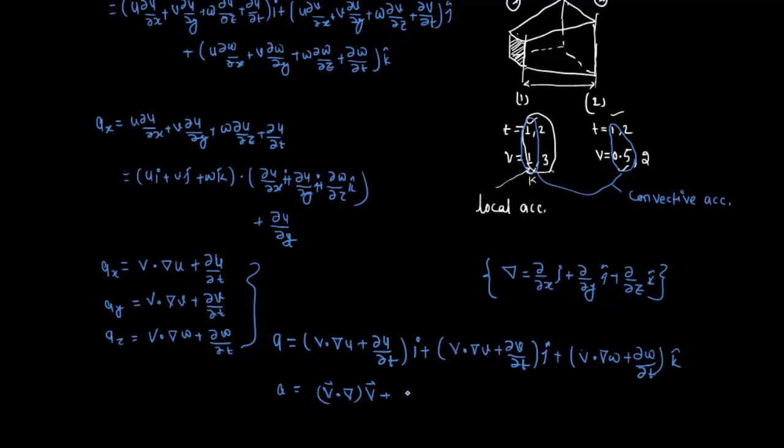So we can write this term as del V by del t. So this is our vector form of acceleration of fluid flow. Okay, so I think the points are clear.